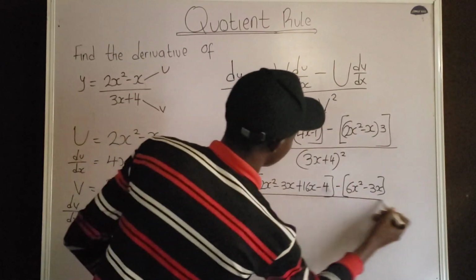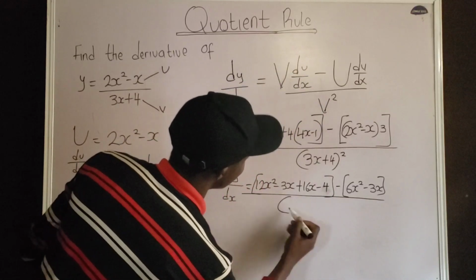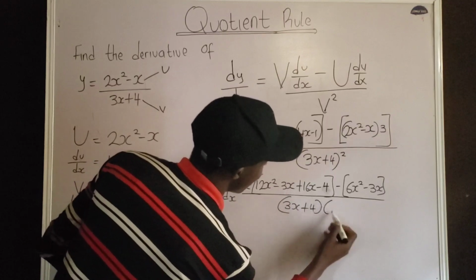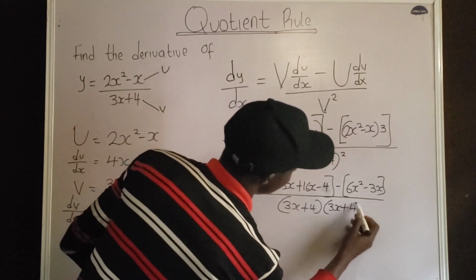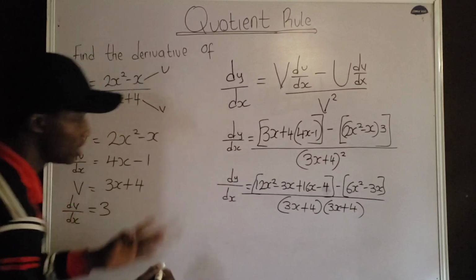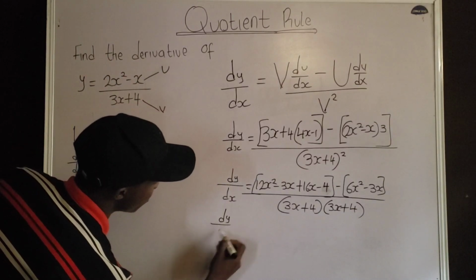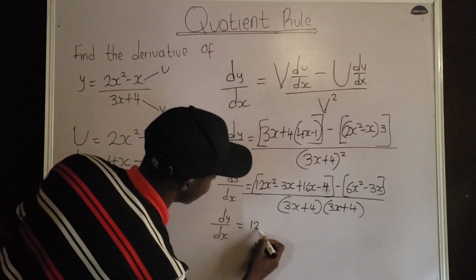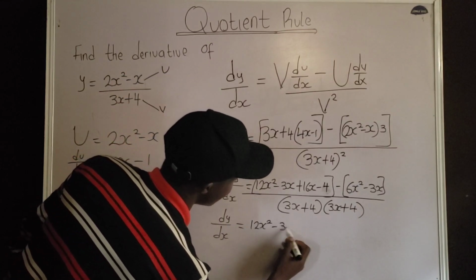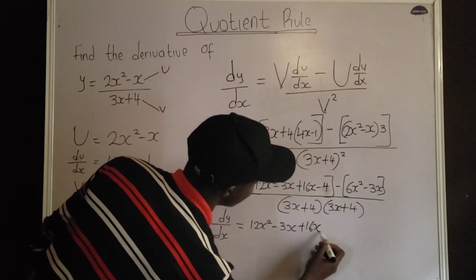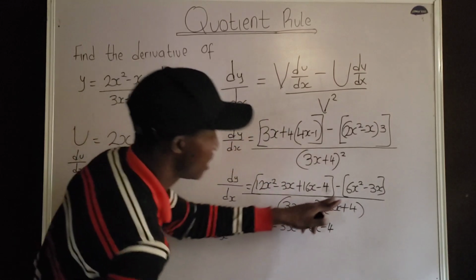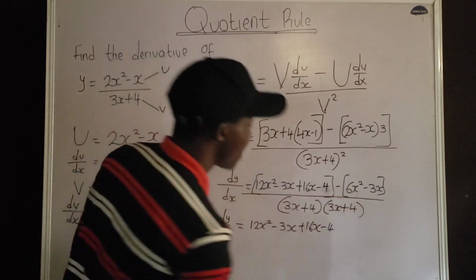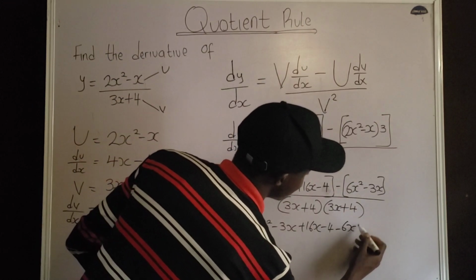All over. Now let us open this bracket. Let us expand this. We are going to have 3x plus 4 and 3x plus 4. Okay. So this will give dy/dx is equal to 12x squared minus 3x plus 16x minus 4. Let's open this bracket with the minus. Minus multiplied by plus 6x squared, that is minus 6x squared.